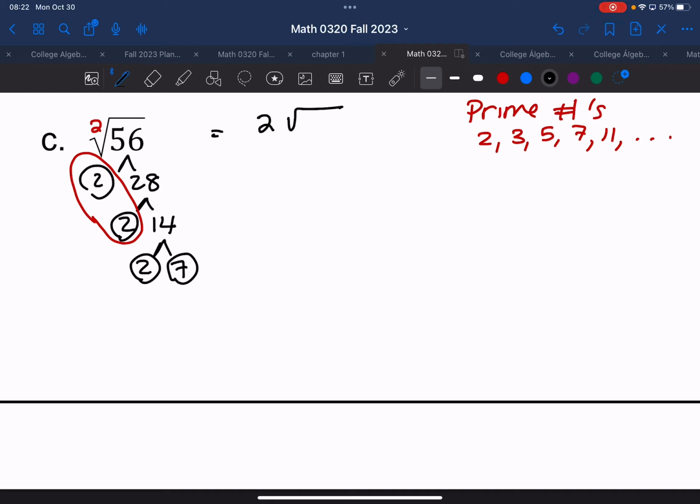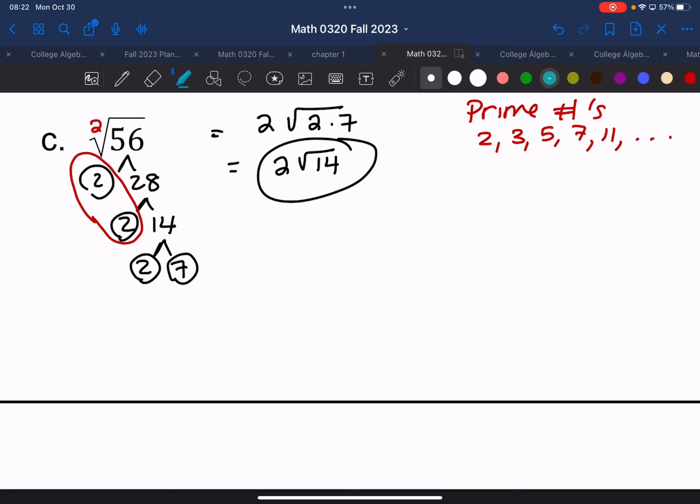I would think it's those still multiplied, so it'd be 14. Correct. So it's whatever prime numbers are left over, we multiply them. So 2 times 7. So this is 2 square roots of 14. This is our answer. So all we're doing is reducing the square root of 56 to 2 square roots of 14.